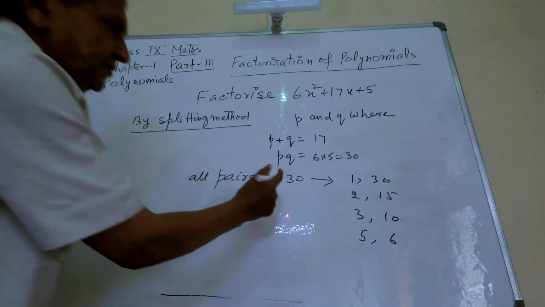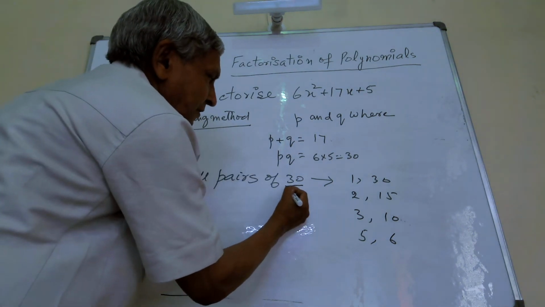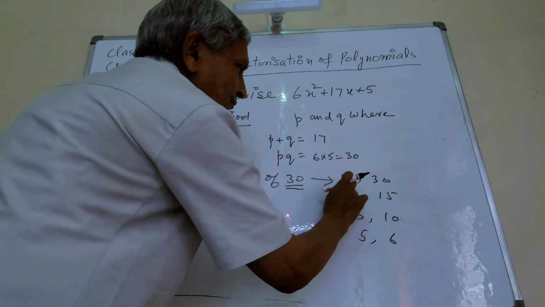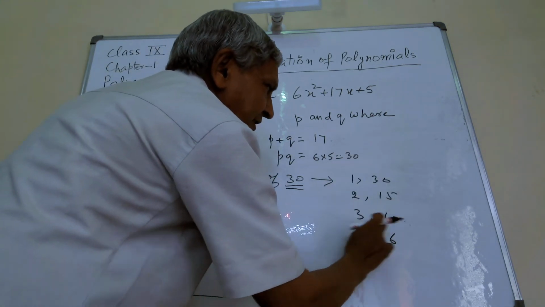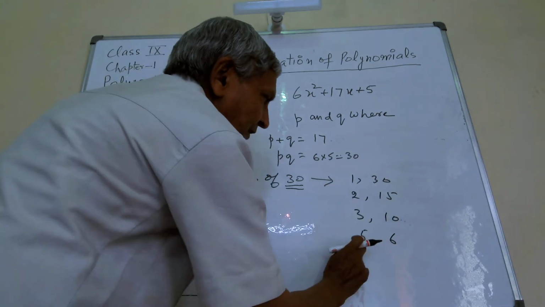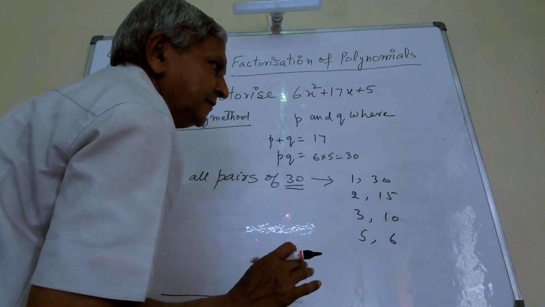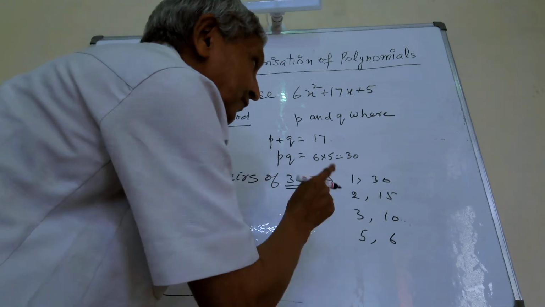These are all the factors of 30. 1 into 30 is 30, 2 into 15 is 30, 3 into 10 is 30, 5 into 6 is also 30. But we have to select one pair from here.